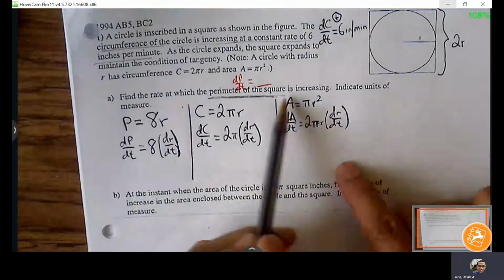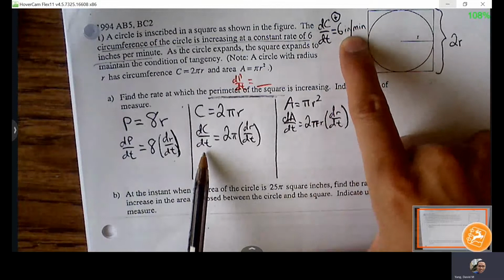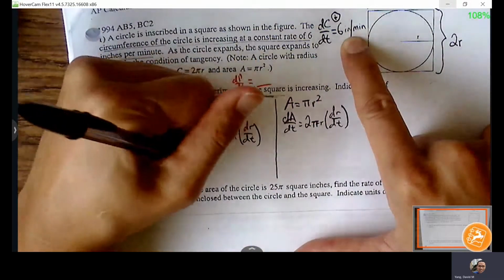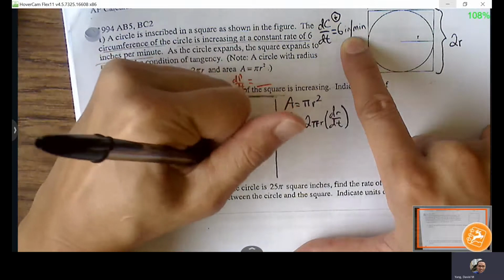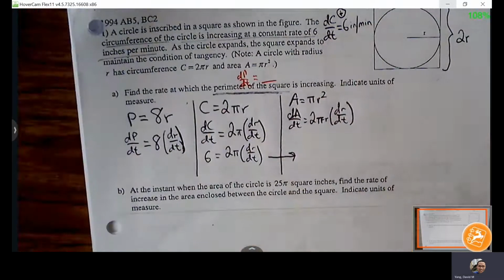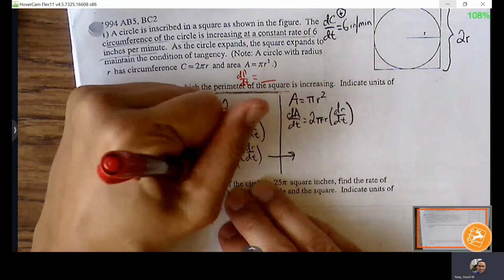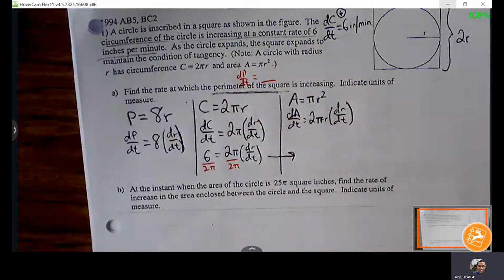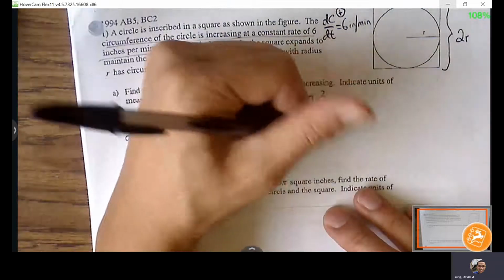Okay, so we don't need this yet, but we'll just go ahead and substitute 6 in for dC/dt. Divide both sides by 2 pi. So dr/dt is equal to 6 over 2 pi, which reduces to be what?